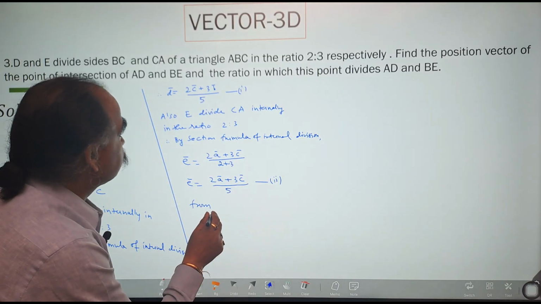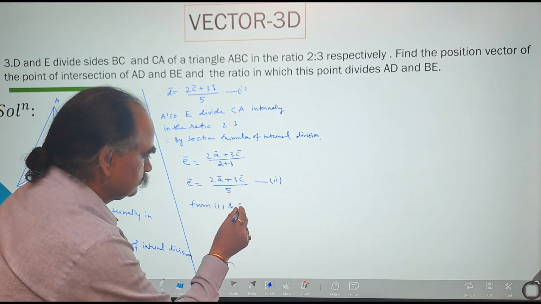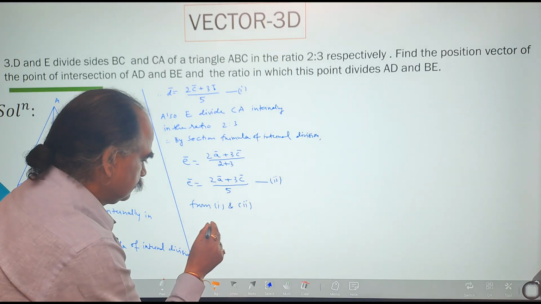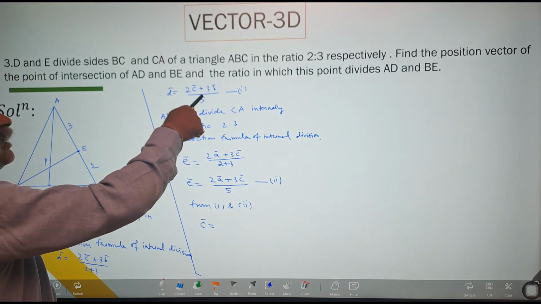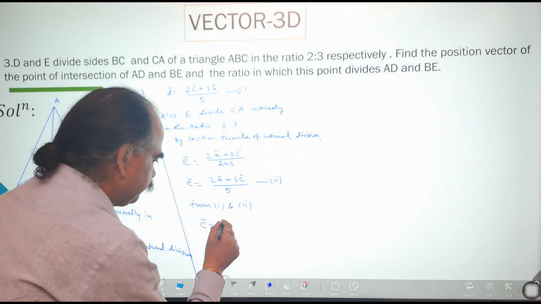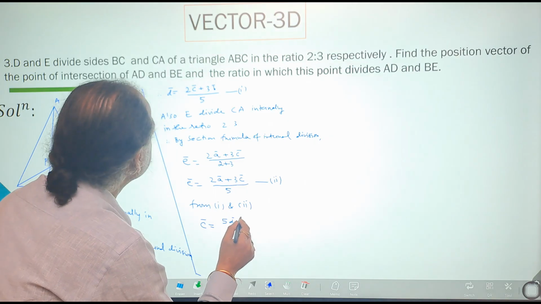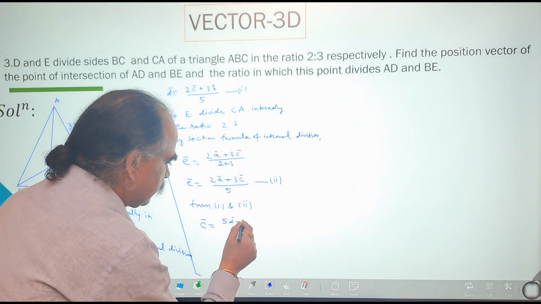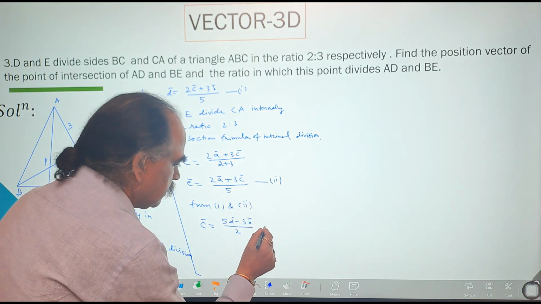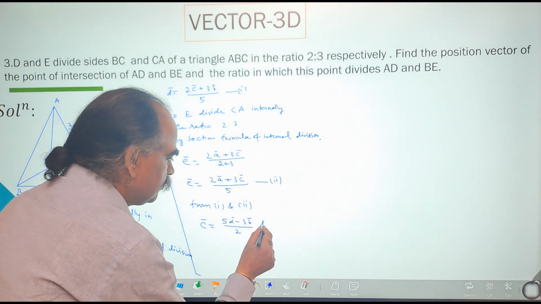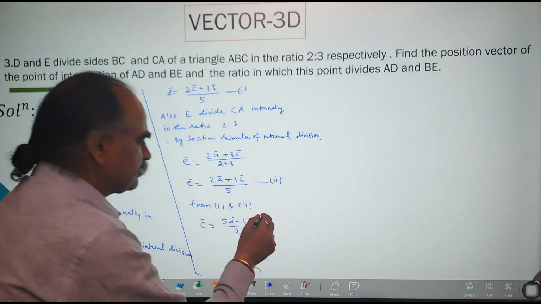So from 1 and 2, C bar is 5D bar minus 3B bar upon 2, and from 2, C bar is 5E bar minus 2A bar upon 3.